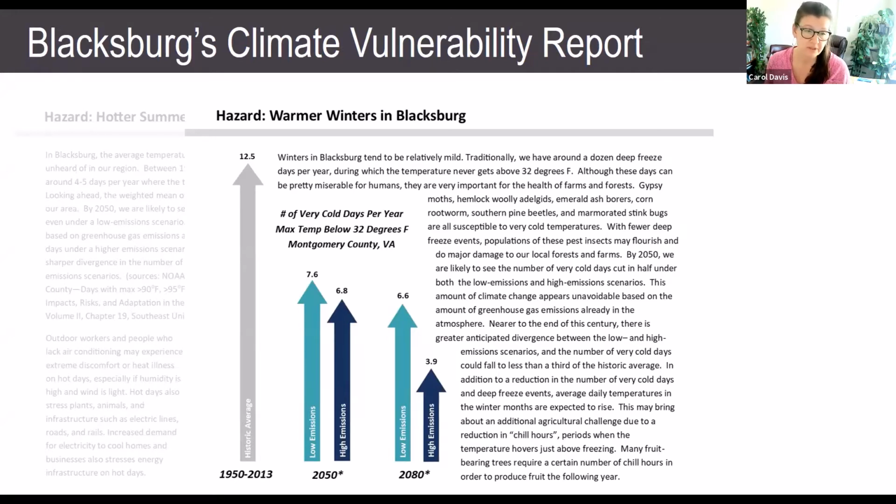Similarly, fruit-bearing trees require a certain number of chill hours every year to produce fruit the following year. So it might seem great to have that. In some ways, there are some things like we may not necessarily spend as much money on heating our homes, but we also have to think about how this could make us vulnerable.